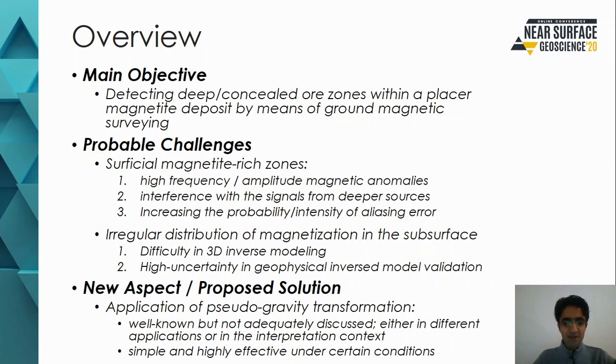With the following situation, there are several probable challenges. The first challenge is that the presence of surficial magnetite-rich zones can create high-frequency or high-amplitude magnetic anomalies that may interfere with the signals from deeper sources, or it may increase the possibility or the intensity of the aliasing error in the final grid.